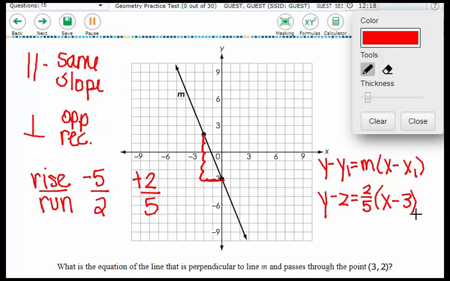Now, in order to be able to write this, we need to solve for y. So for this one, we can multiply by the 2/5. y minus 2 is equal to 2/5 x minus, and then 2/5 times 3 would be 6 over 5. And then we can add 2 to both sides.